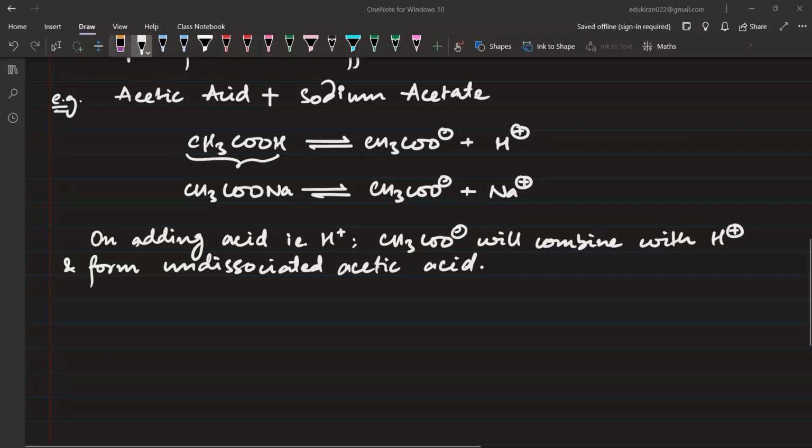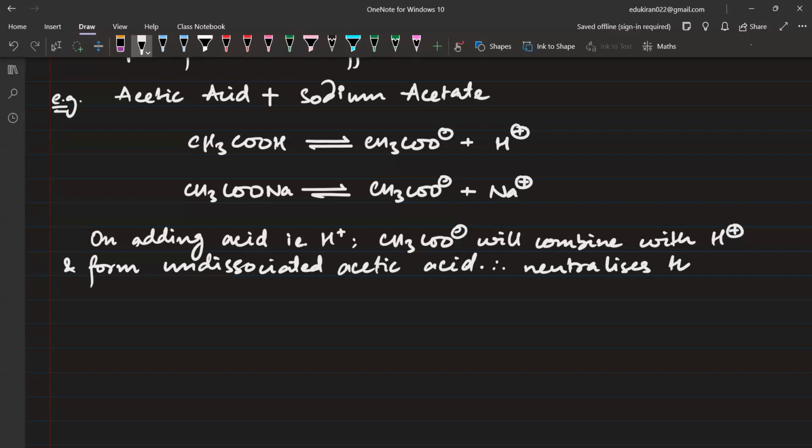That is why we will say that when H plus combines with the acetate ion, it is neutralized. H plus is neutralized and forms undissociated acetic acid. Therefore, it neutralizes the effect of acid.